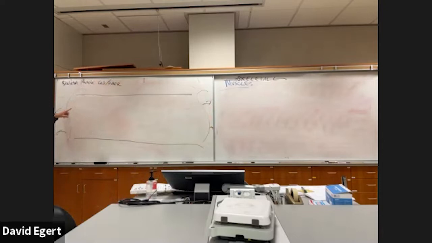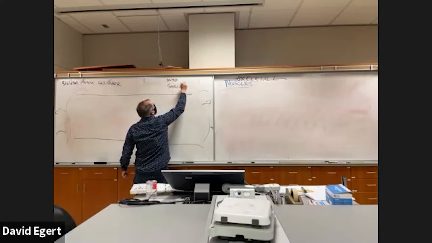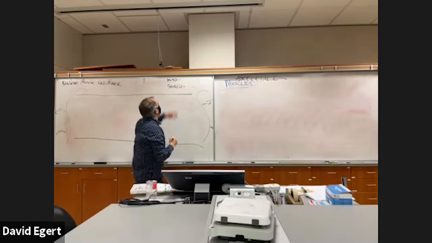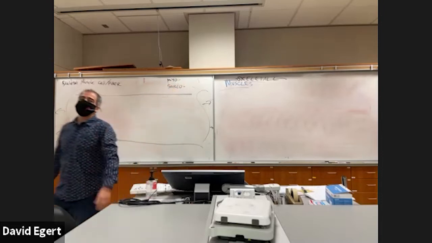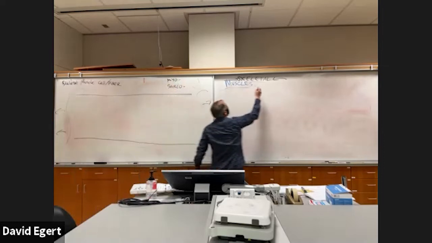Most things that have to do with muscles are going to have either the prefix myo or the prefix sarco. Myo is from muscle, sarco means flesh. Most of your flesh, if you're eating meat, you're eating muscle. What is musculus?